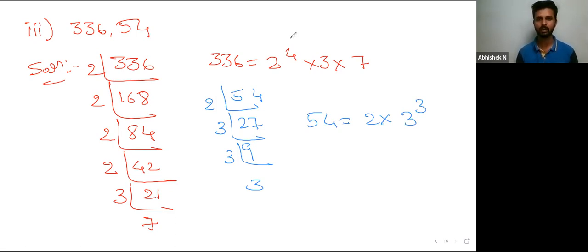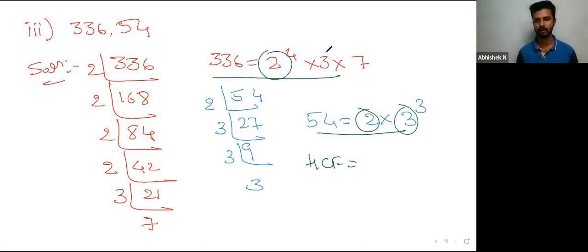Now the HCF of these two numbers, what is it? 2 and 3, right? 2 is common here and 3 is again common here. So 2 multiplied by 3 gives us 6.